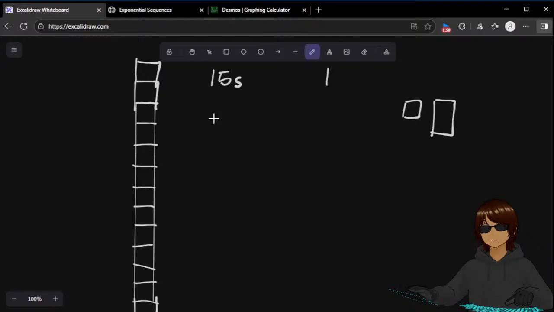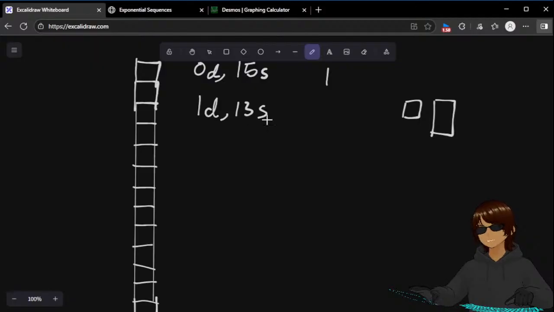So this is one way to arrange this. I will type 0 dominoes, 15 squares. Yes, there is one way to arrange that. One domino, 13 squares.